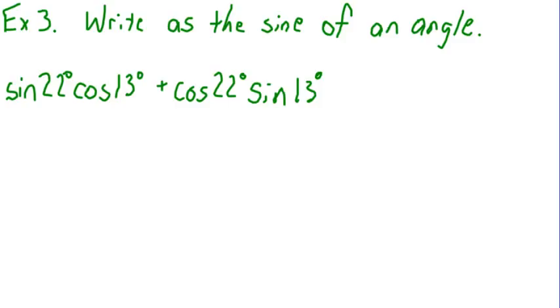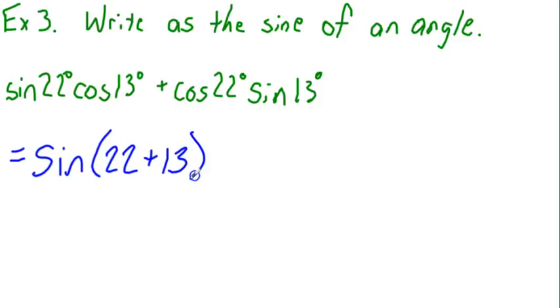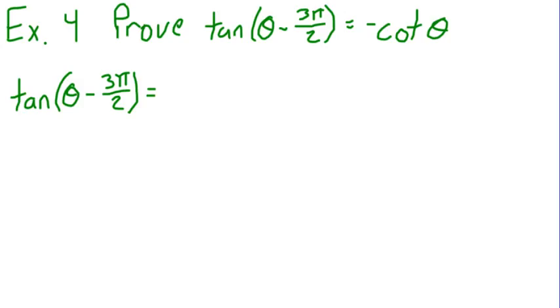So we can take this and rewrite it as the sine of 22 plus 13, which is simply going to be the sine of 35 degrees. So in this example, all we're trying to do is recognize which formula we have to use, rewrite it, and simplify.